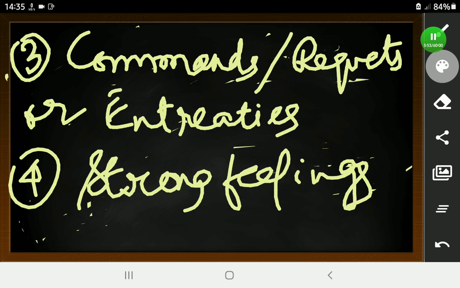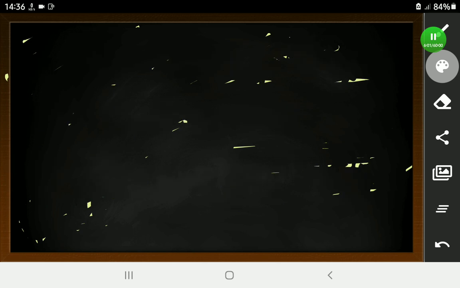Now we are going to learn the names of these 4 types of sentences. So please note this down. Number one, as I told, that is statements or assertion.